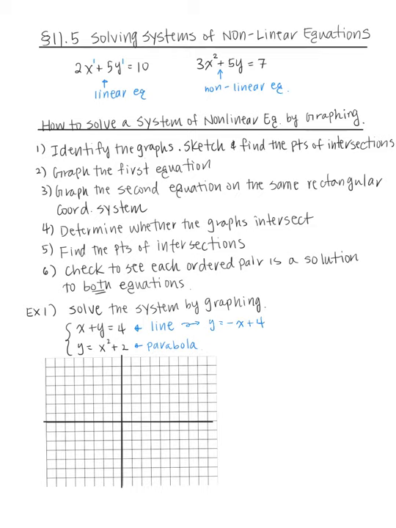To plot this, the y-intercept is positive 4, so I'm going to go 1, 2, 3, 4, so the graph crosses here. Now our slope m, remember, is rise over run, so negative 1 can be written as negative 1 over 1. I'm going to rise negative 1 unit, so from this point I go 1 unit down, and then the run is a positive 1, so I go 1 more unit over to the right.